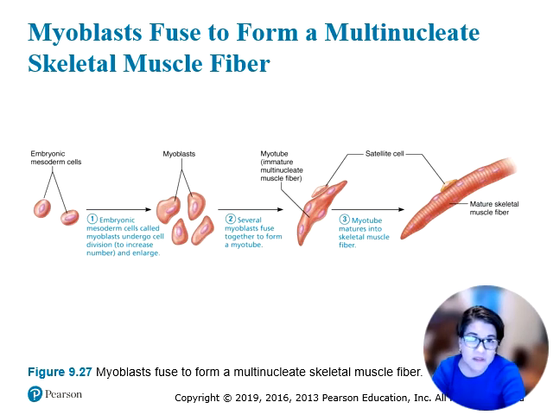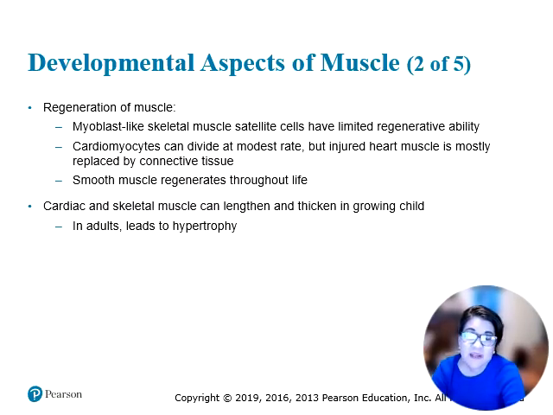So here are some stem cells, mesoderm cells. They turn into myoblasts, then they fuse to make a skeletal fiber. So this is part of one cell. We can regenerate muscle fiber, but the myoblasts, like skeletal muscle satellite cells, don't regenerate very well.